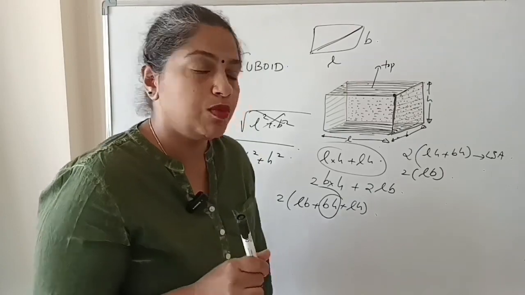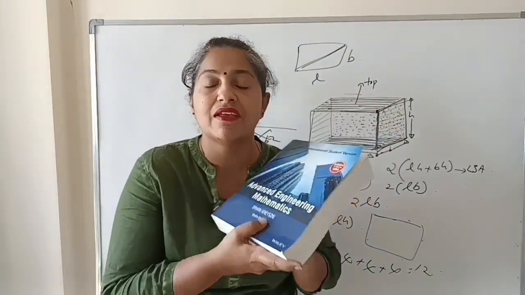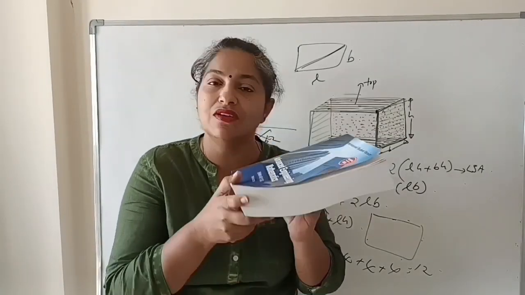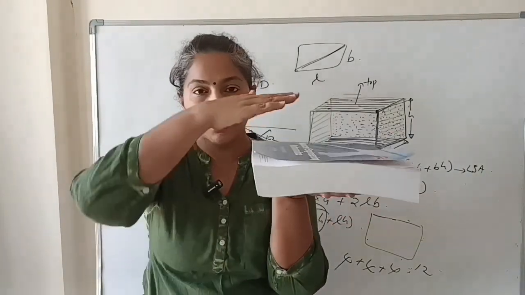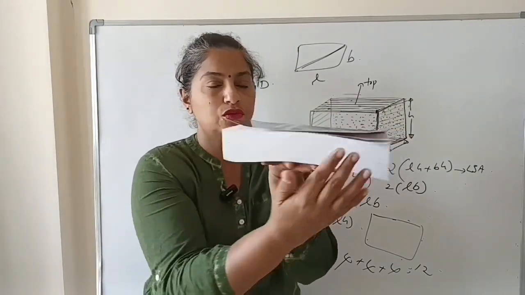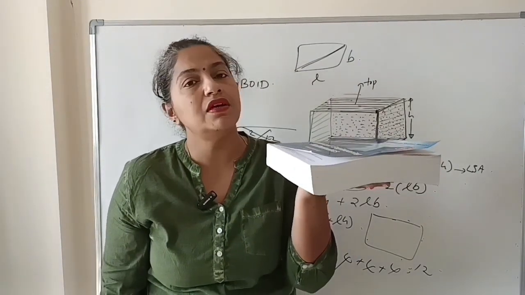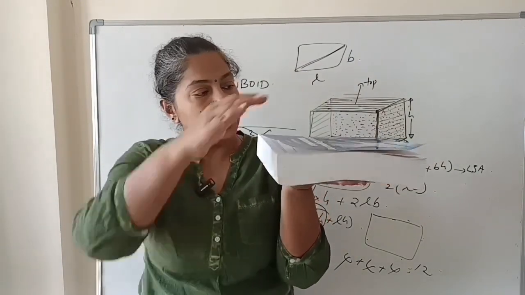How many edges does a cuboid have? This is the best example that I could take for a cuboid right now. A book. You have the top face, you have the bottom face, you have 1, 2, 3 and 4 lateral faces. 6 faces. We will count the number of edges.